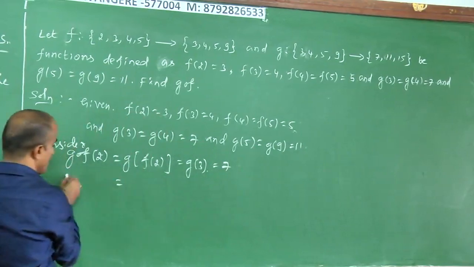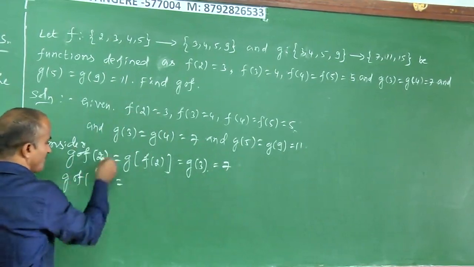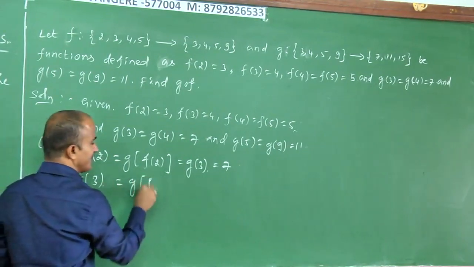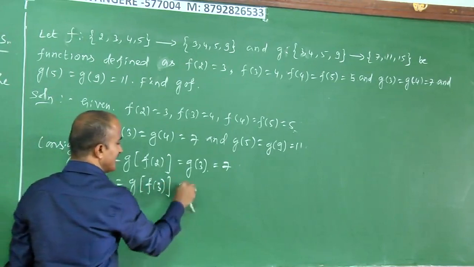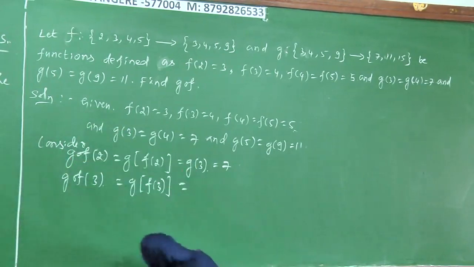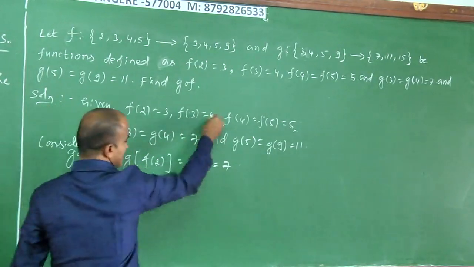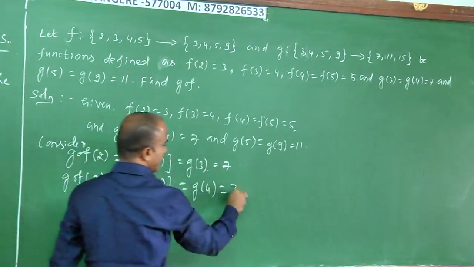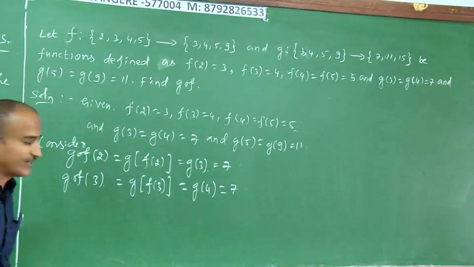Now GOF of 3 is g of f of 3, where the image of f of 3 is 4, so g of 4, and g of 4 is 7.